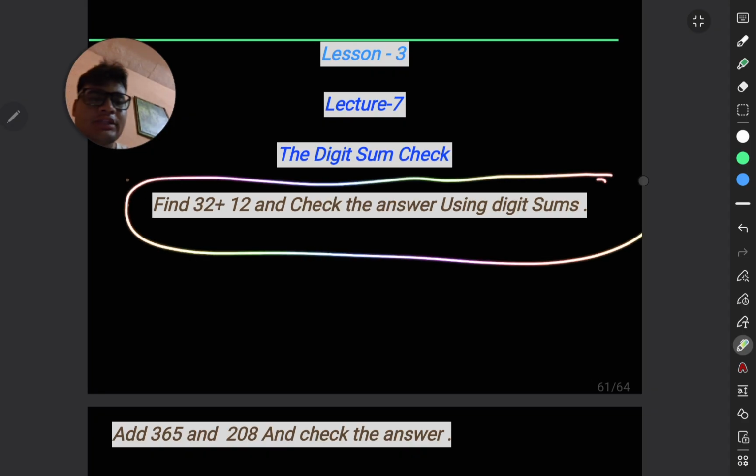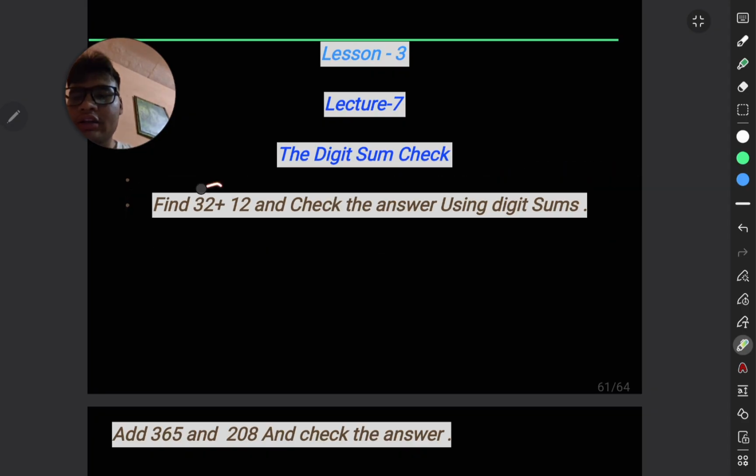Okay, the first problem is: find 32 plus 12 and check the answer using digit sum.